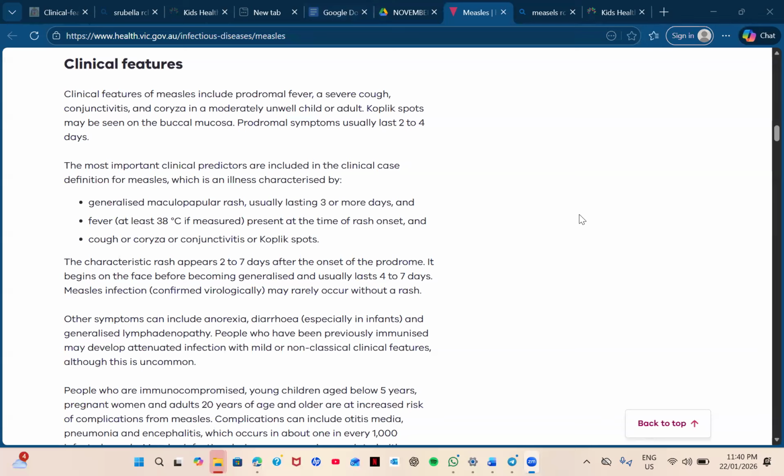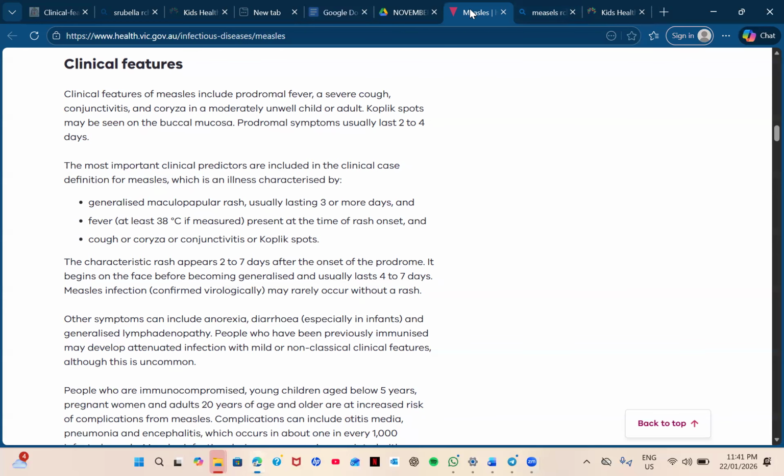Tell me what are those three C's. Tell me, doctors. You don't know these three C's? Yes, it's cough, coryza, and conjunctivitis, right? Cough, coryza, and conjunctivitis.